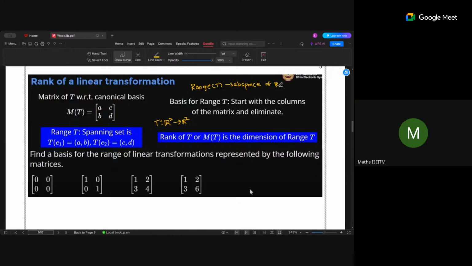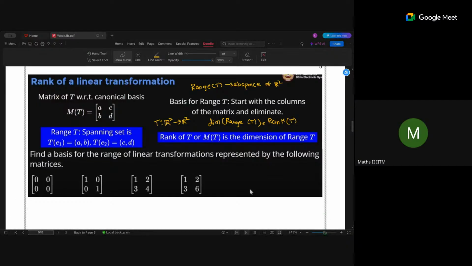So the dimension of the range of T is the rank. You already know the possible values of the dimension of any subspace of R2. So what are the possible values? Come on.